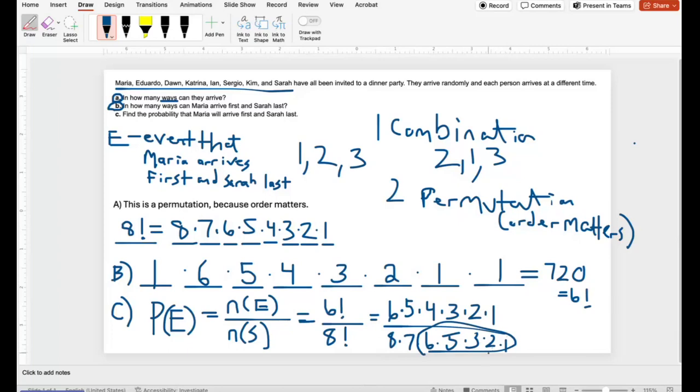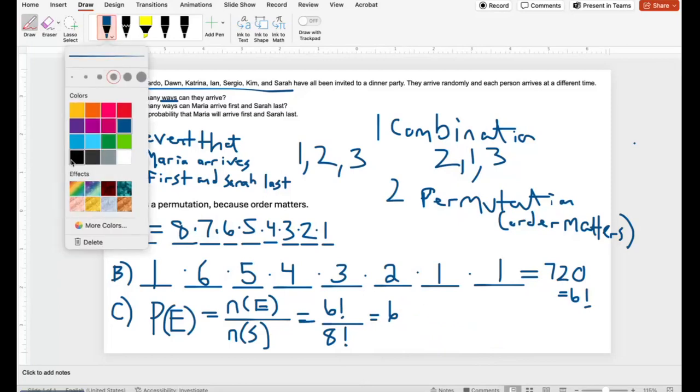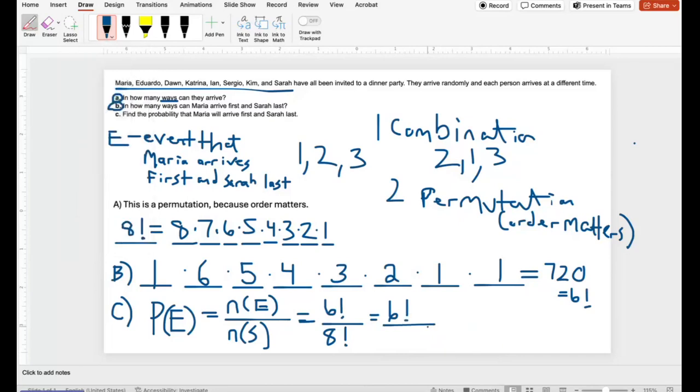But instead of doing all this work, I don't want you to do that. I'm going to go backwards. I want you to learn to do this. I want you to be able to say 6 factorial over 8 times 7 times 6 factorial.